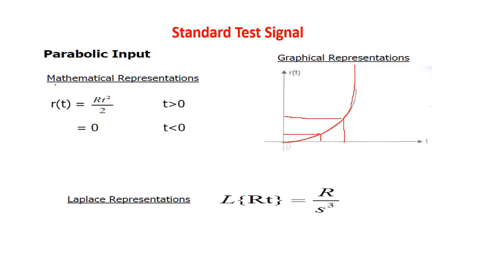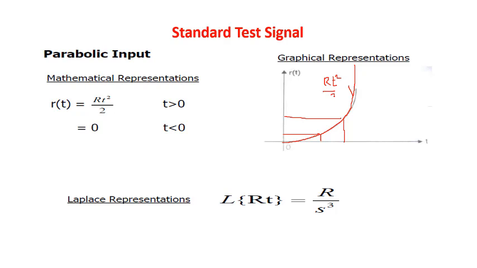So mathematically, the representation is r(t) is equal to capital R t square divided by 2, for all values of t greater than 0. So here the nature is R into t square divided by 2.